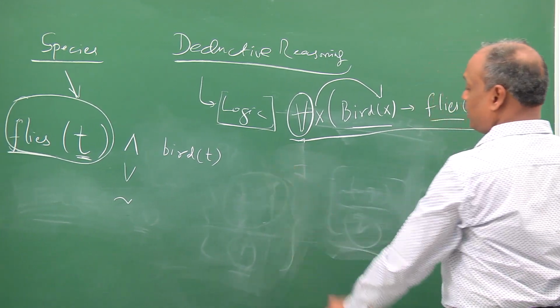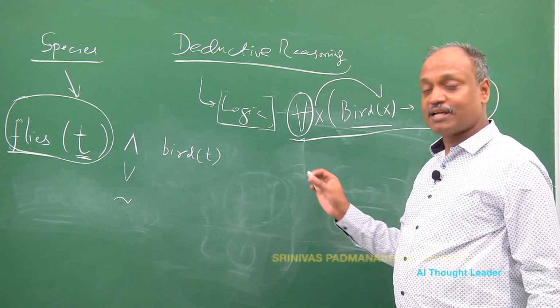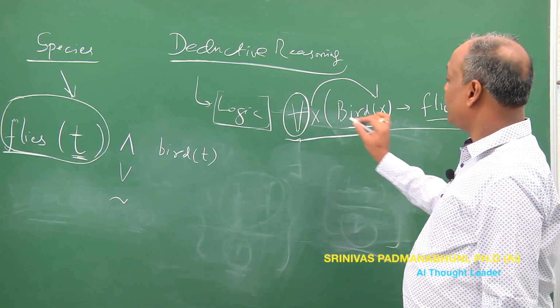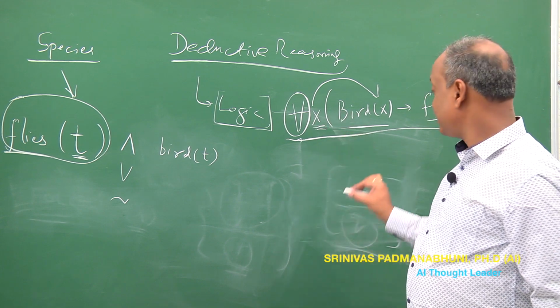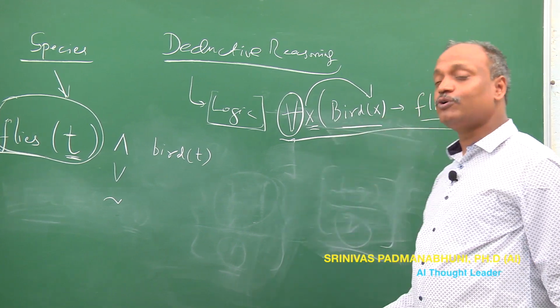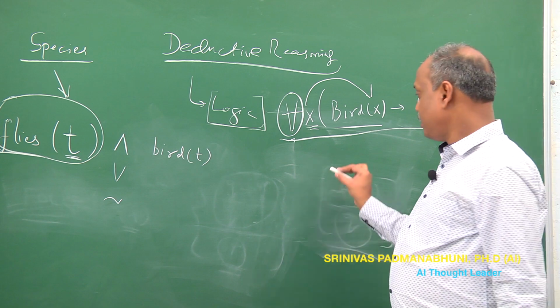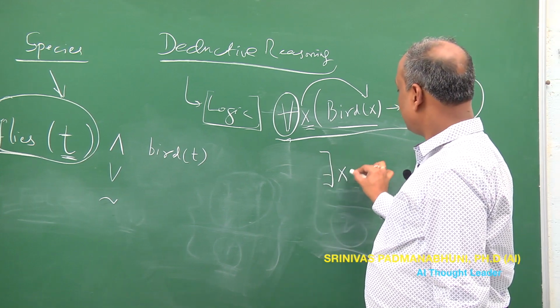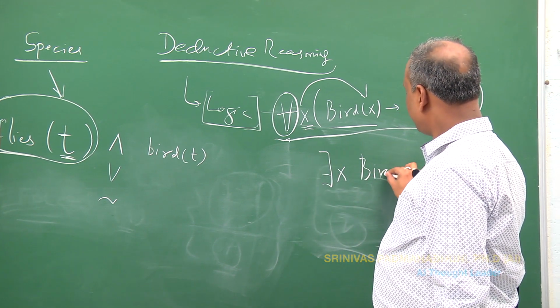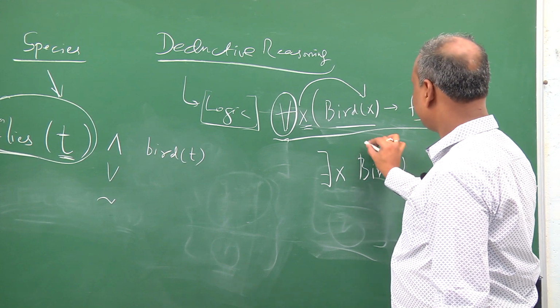But now it says that it is applicable to the entire class of things which satisfy bird. But suppose you want to say there is some bird which does not fly.